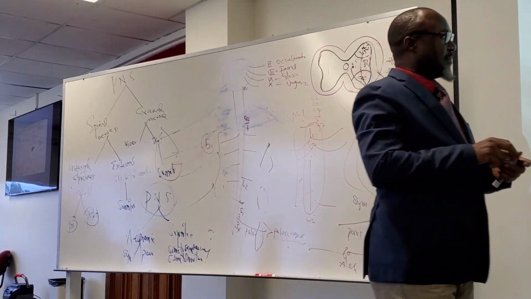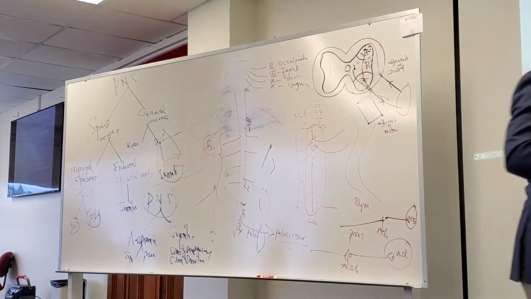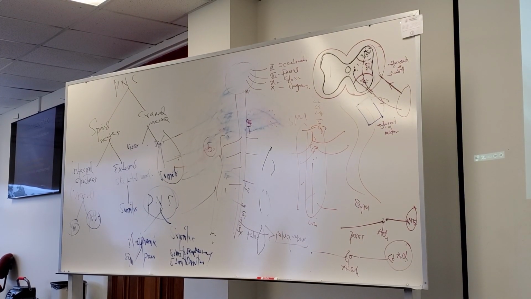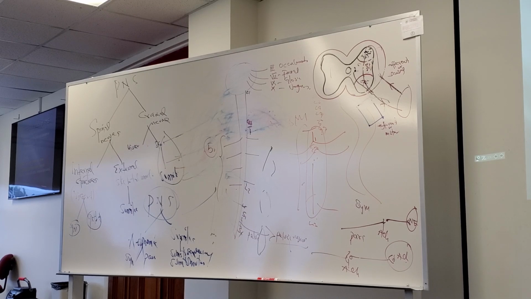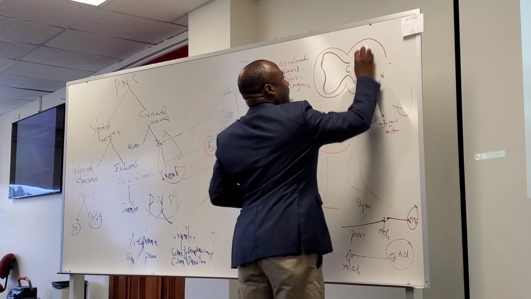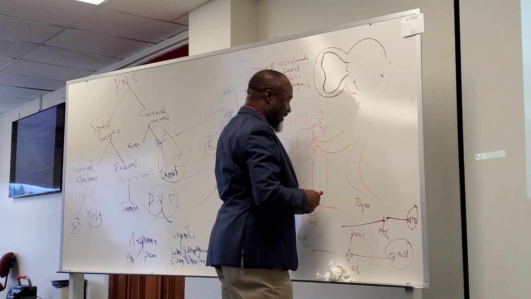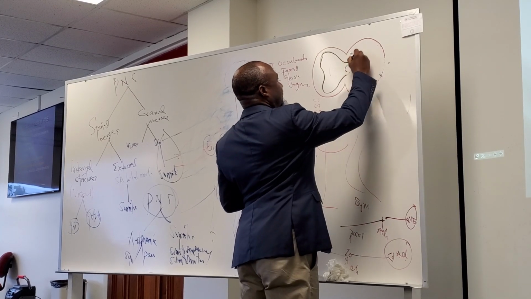One afferent, two efferents. What do you mean by that? Autonomic nervous system. What do you mean by one afferent, two efferents? One afferent, two efferents.